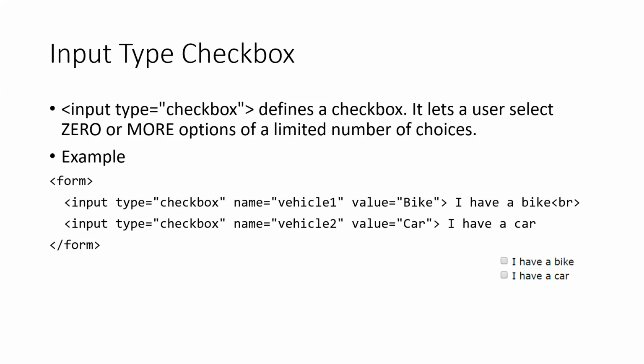Then checkboxes. Especially when you want to select multiple values in a form environment, you have to have checkboxes. In checkboxes, as I already told you, you can select multiple values whenever you want to give the user more options.